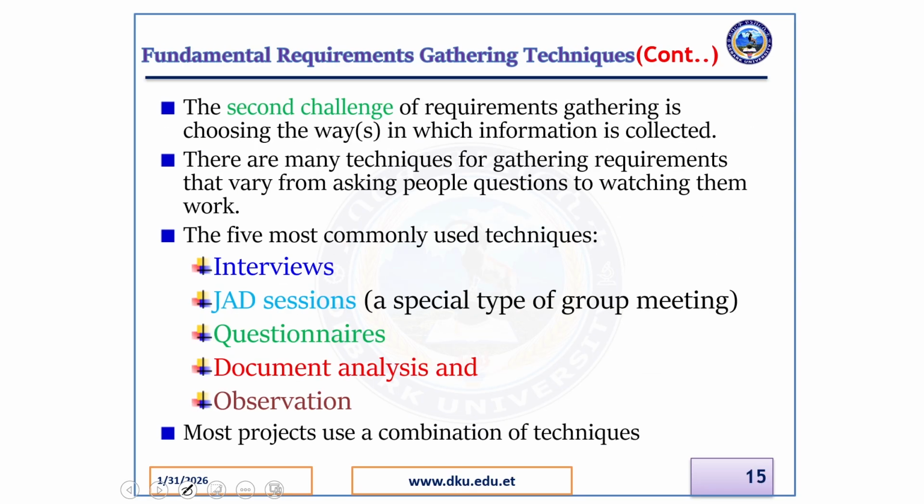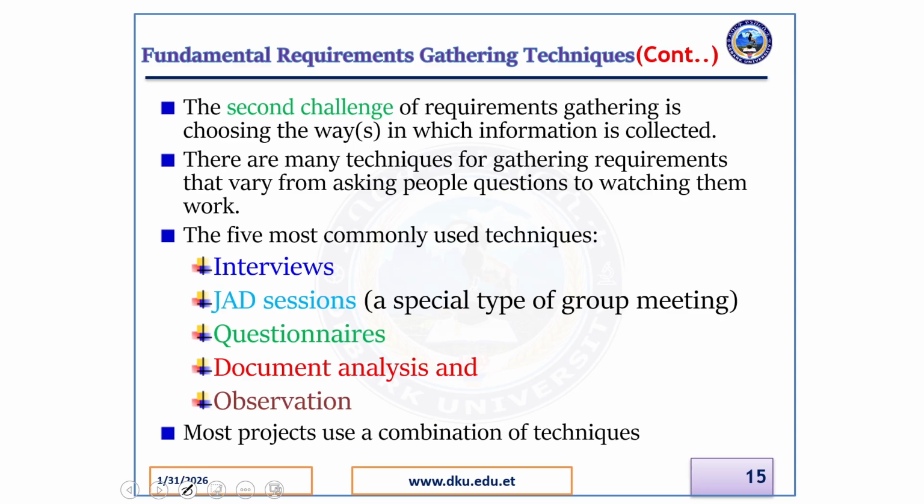Here, the second challenge of requirements gathering is choosing the way or ways in which information is collected. There are many techniques for gathering requirements that vary from asking people questions to watching them work. The 5 most commonly used techniques are: 1.